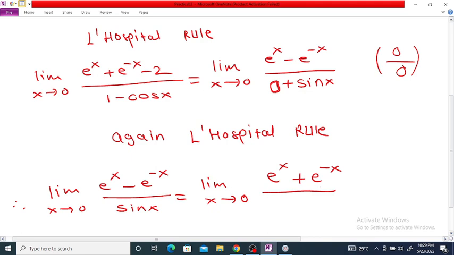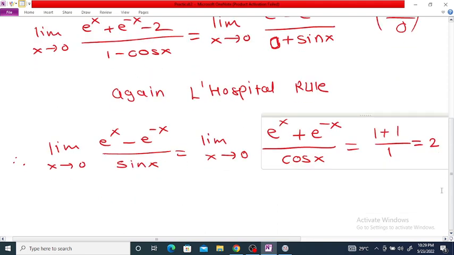Derivative of minus x is minus 1, so minus minus becomes plus. Now if you put x equal to 0, it is 1 plus 1 divided by cos 0, which is 1, so the answer is 2.